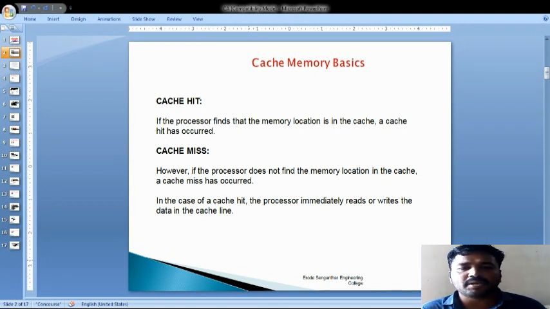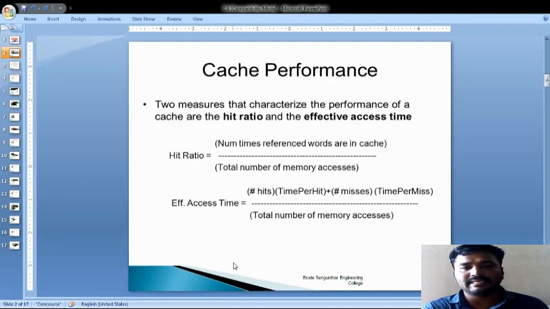If the processor does not find the memory location within the cache memory, a cache miss occurs. In the case of a cache hit, the processor immediately reads or writes the data in the cache file.